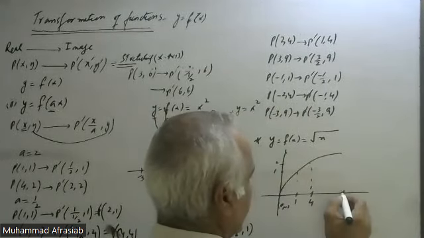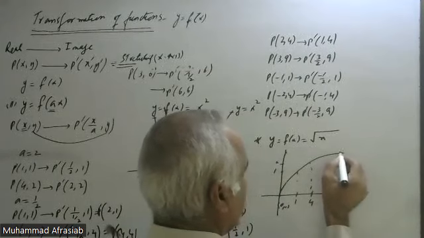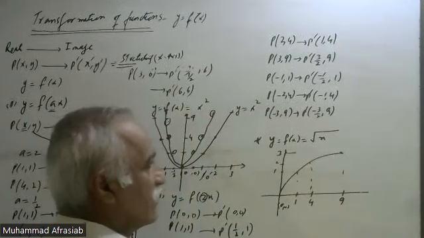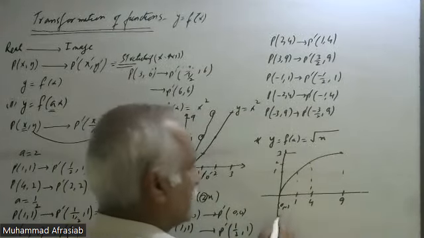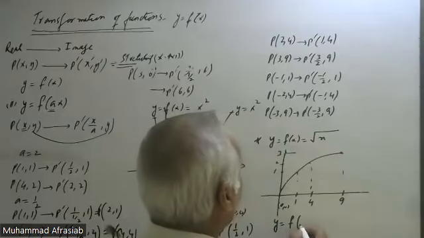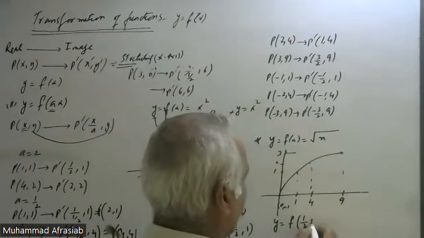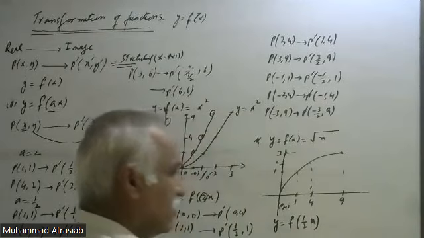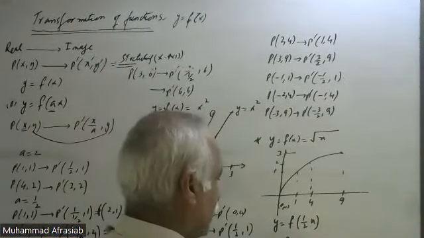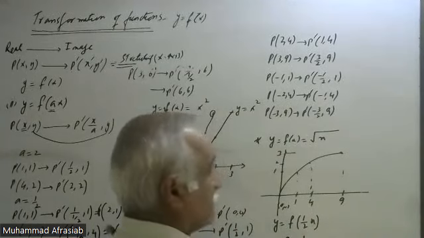For 9 it is 3. Now we have to draw the graph of y is equal to f of half x. Now you have seen that a is equal to half.